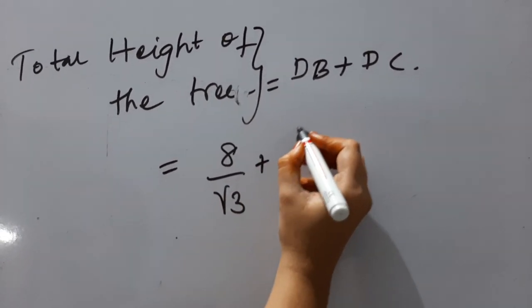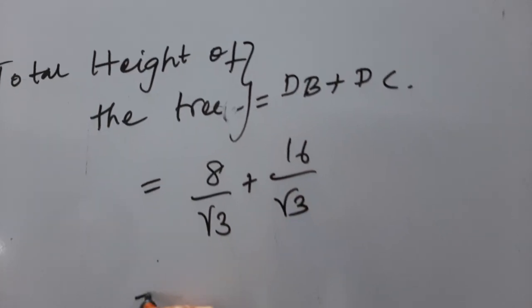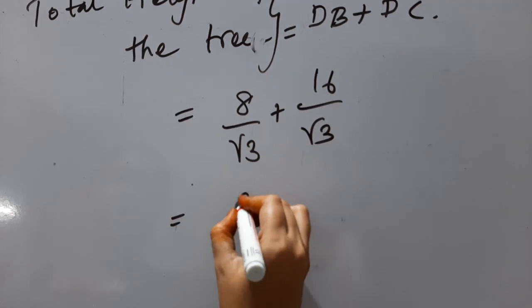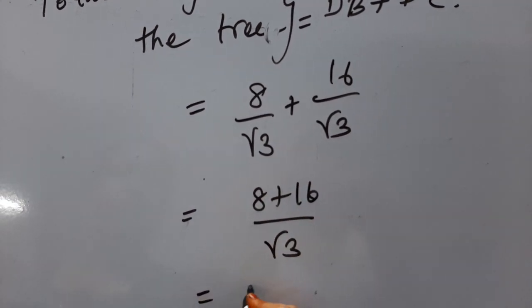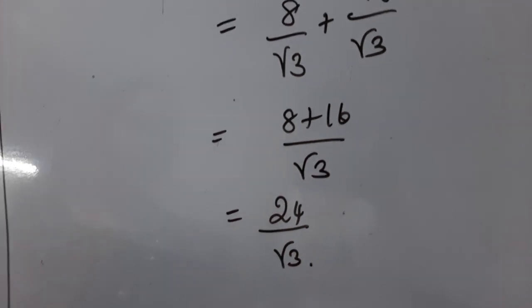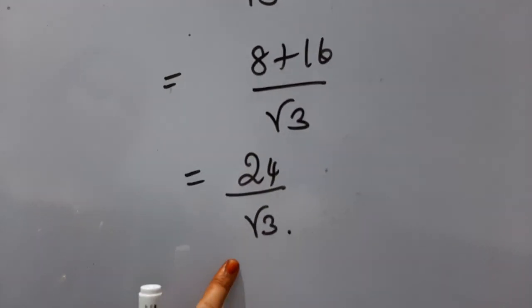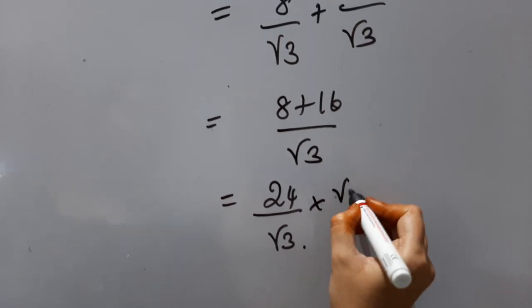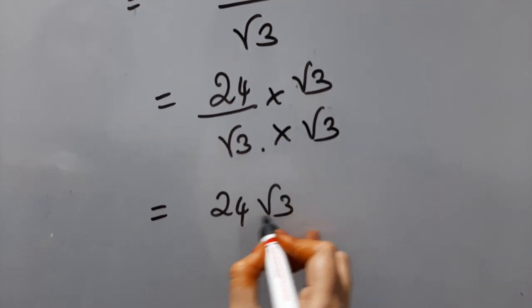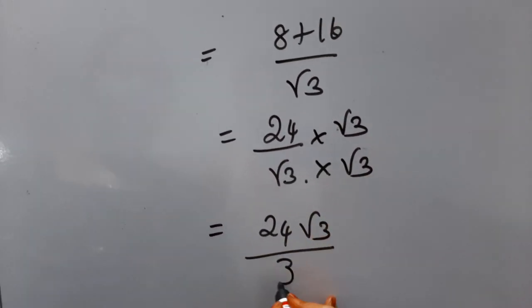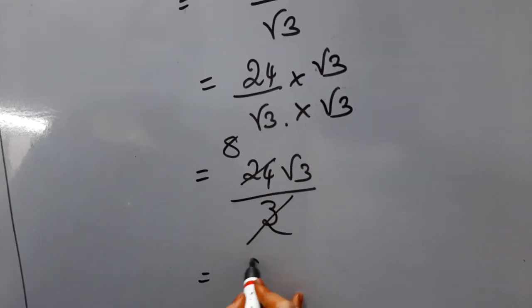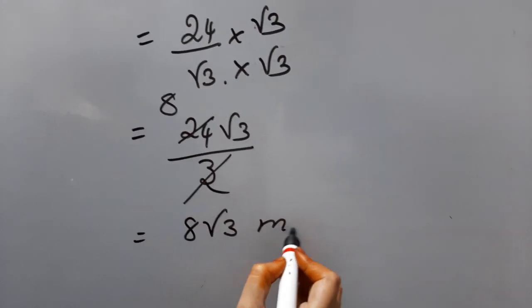And what is DC? 16 by root 3 meters. When I have the common denominator, I can add my numerators, right? So 8 plus 16, which is equal to 24 by root 3. I should not leave any answer with the denominator as a root number. So I am going to multiply by root 3 into root 3. So this becomes 24 root 3 divided by root 3 into root 3, which is 3. 3 and 24, if I simplify, I will get 8 root 3 meters.